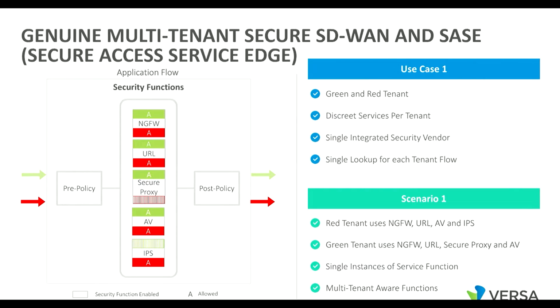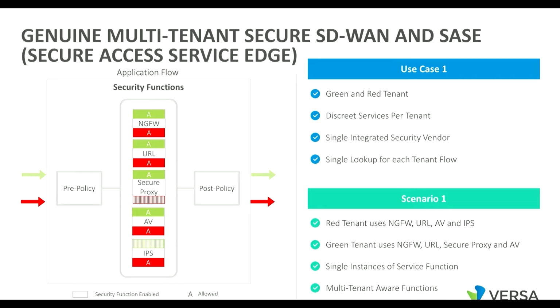So it's that SASE model where, as you've described, like there's a slider between the branch office, for example, and the cloud. I can have the heavy branch like you discussed, and the light cloud or light branch and heavy cloud or anything in between. But I think the nuance here that you're hitting on is that it's also got to leverage a genuine multi-tenancy architecture to be successful.